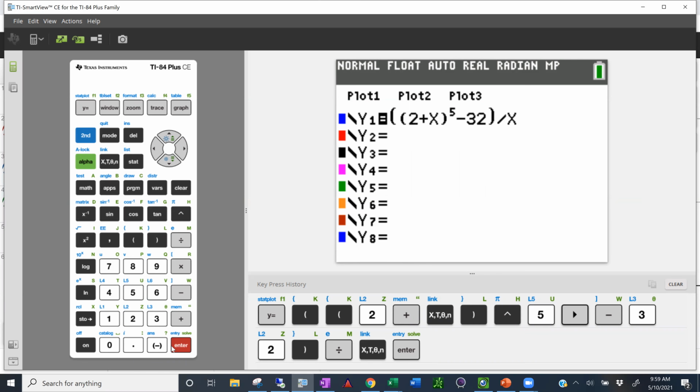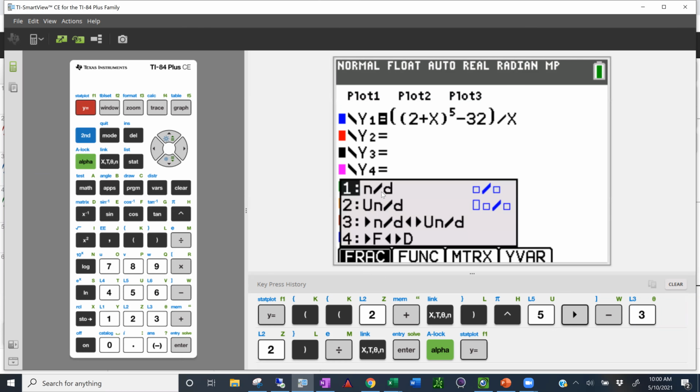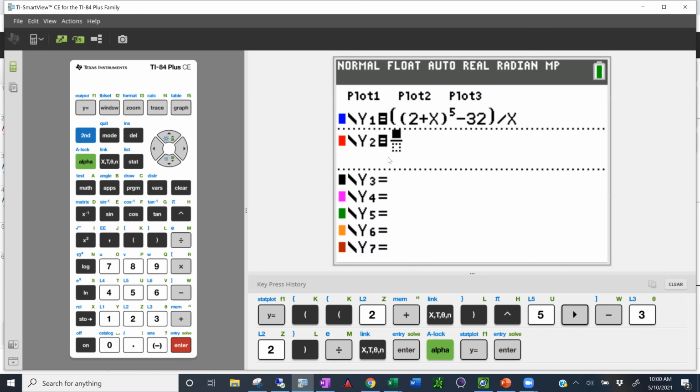If you want to get a little fancier, that's kind of cool. Let me show you a little trick on your graphing calculator. Again, this is for calculators that have an up-to-date operating system. If you hit the alpha key, then the y equals key, the first option here allows you to do fractions more or less the way you would write them on paper. So I'll just choose that by pressing the number 1 or hitting enter. And now I can enter this just as a regular fraction.